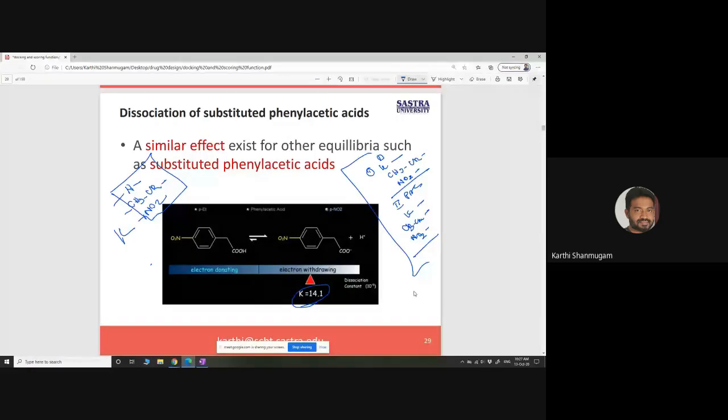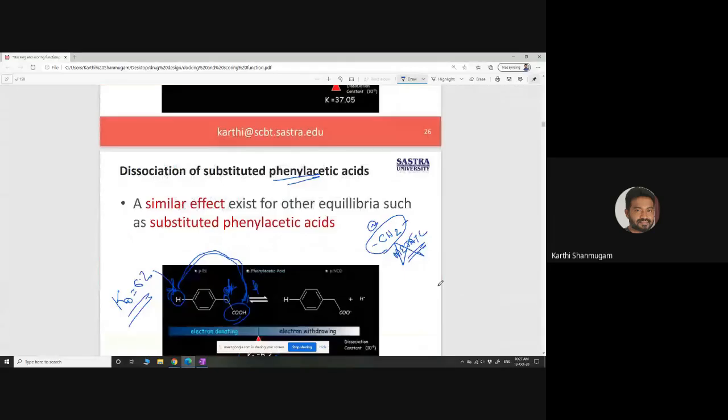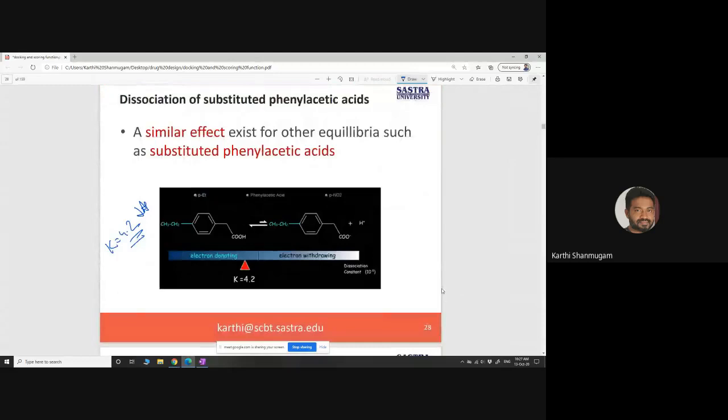That is what he observed in his experiment, and not only for one but for two different series of organic acid: benzoic acid and phenylacetic acid. For both series he observed the same pattern. While changing to electron donating group, the K value decreased, and while replacing that hydrogen at para position with electron withdrawing group, the K value increased.